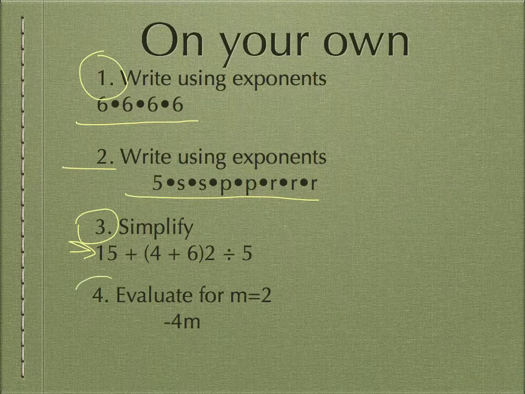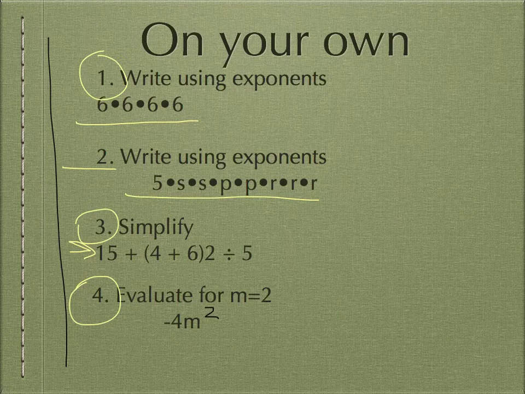And then number 4, solve that problem. And actually I made a mistake here. I'd like this to be negative 4m squared. Bring these 4 problems to class tomorrow or on the next time you come to class and we will check them. Good luck!